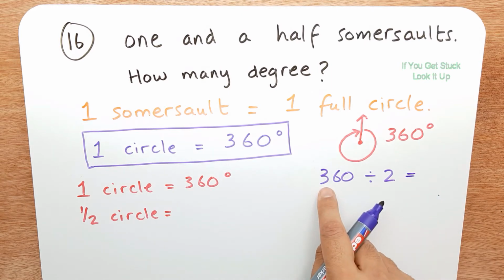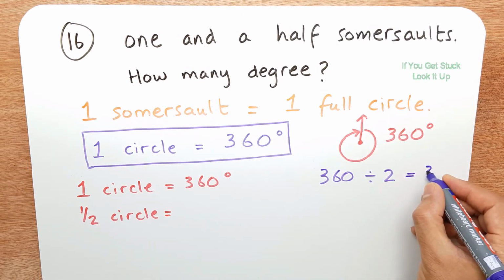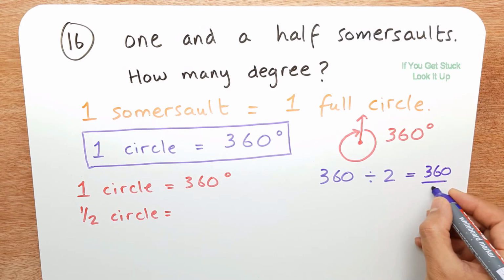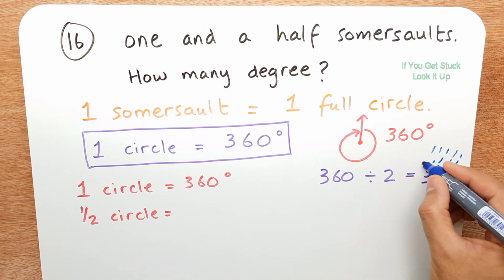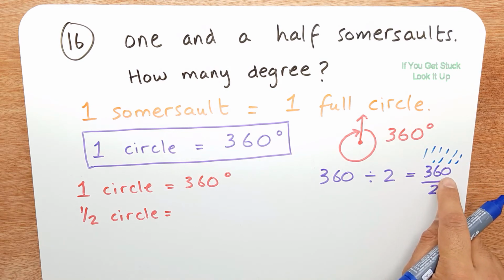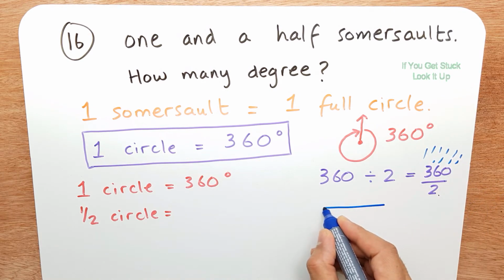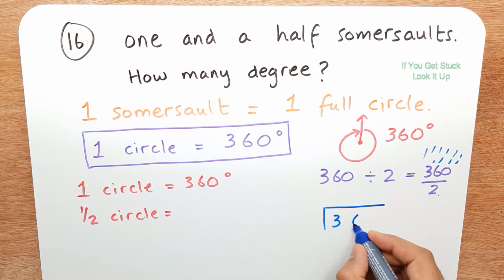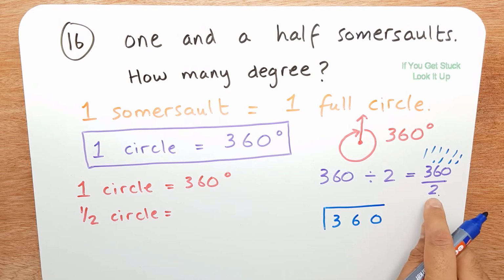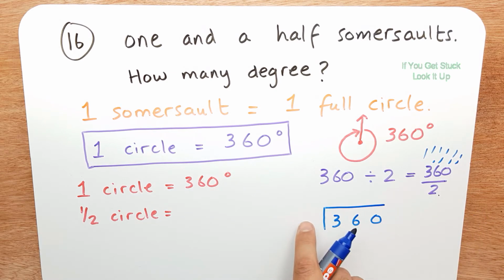So what I like to do is write this as 360 divided by 2. Now I know it's raining, and 360 is getting wet, so I build a bus shelter. And I write 360 there. And then the 2 has to go outside.